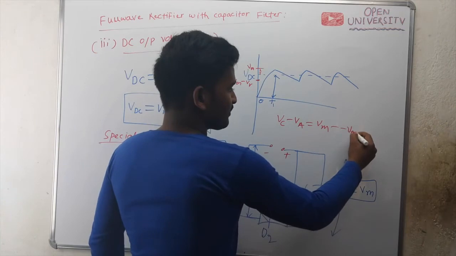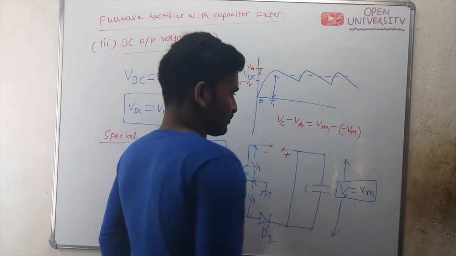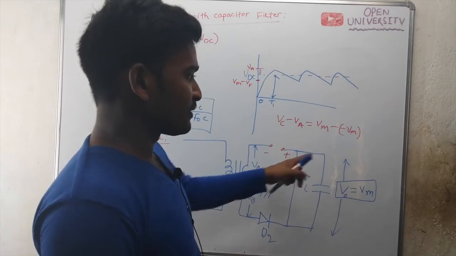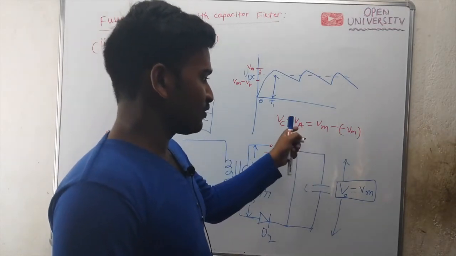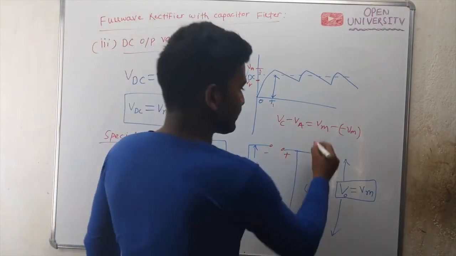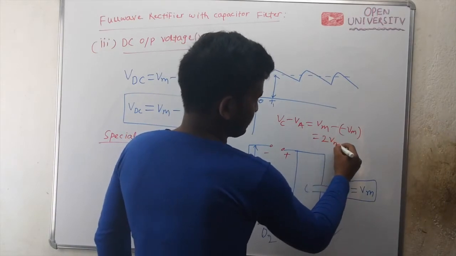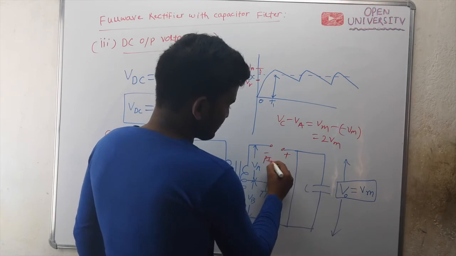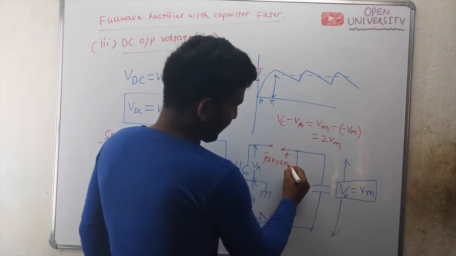When VA is negative, only then the diode is reverse biased, and the maximum reverse voltage is Vm minus (minus Vm), so it will be 2 Vm. So the peak inverse voltage becomes 2 Vm.